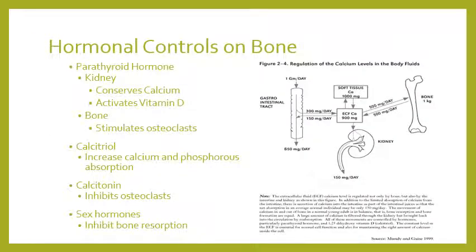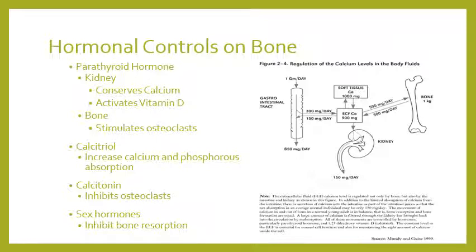As I stated in the previous slide, bone building and breakdown relies heavily on hormonal control. The first hormone that we think about is the parathyroid hormone, which is produced in the parathyroid gland. This is produced in response to low blood calcium and stimulates bone resorption in order to increase calcium levels in the blood.